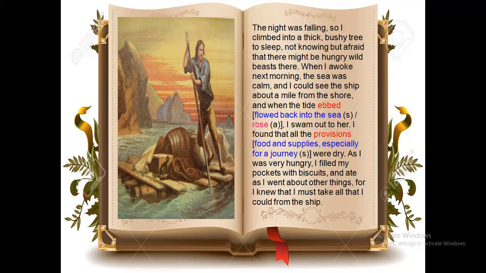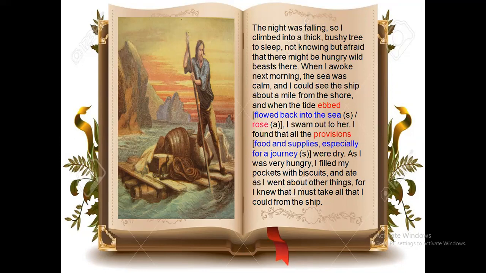We are very familiar with saying high tide or low tide. But here, when the water ebbed, Robinson Crusoe could see from the shore the wrecked ship. I swam out to her.